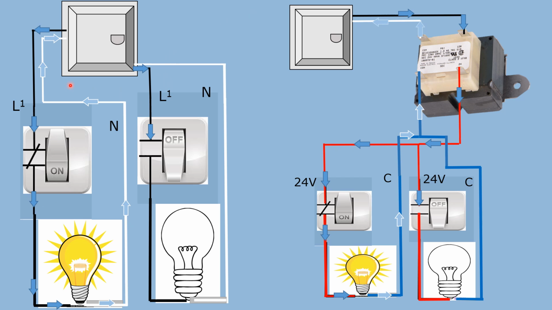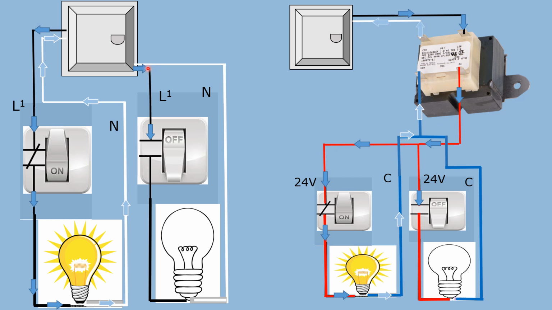So if we look here, we have the power coming out and going down. The switch is closed because it's on. The light bulb lights, and the power goes back on the neutral to the power source.